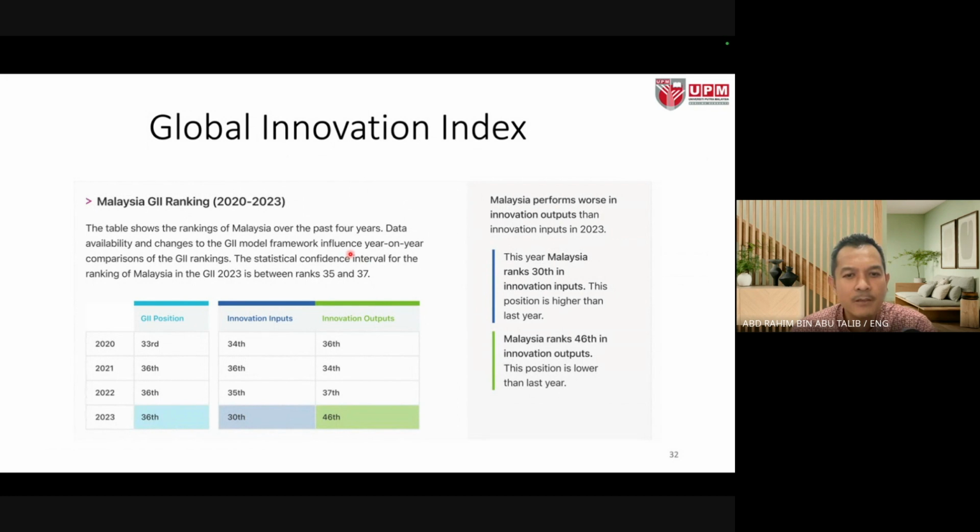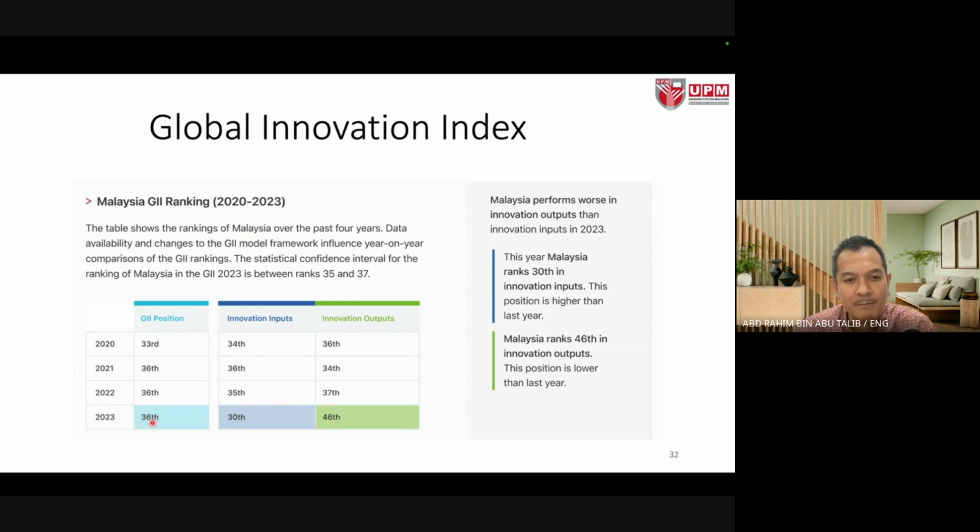If we look into the Global Innovation Index for Malaysia, year 2023, this is the latest one. 2024 is not yet out. When I presented this in the class last year, I presented up till 2022. If you look here, Global Innovation Index position, we are still at number 36, right?